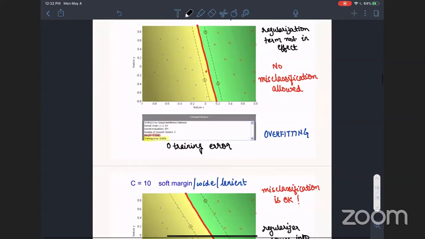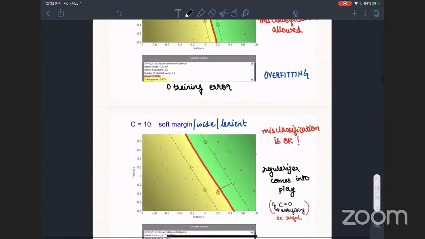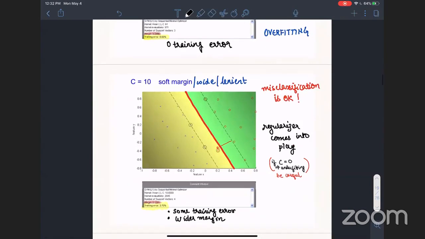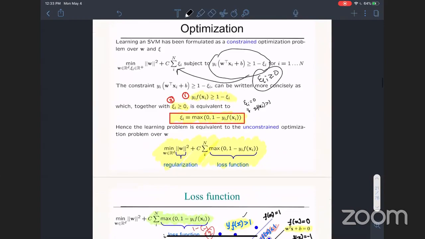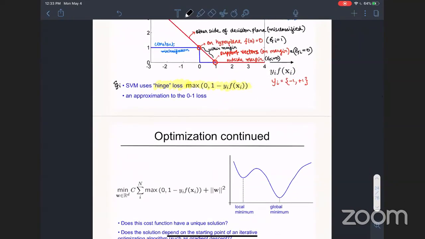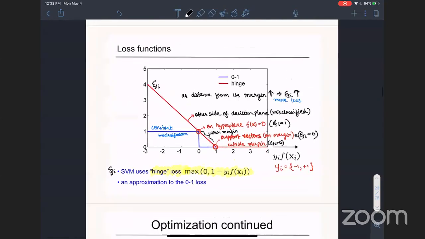They were trying to optimize it so that they have good generalization, and they eventually found out that C equal to 10 might be a good generalized model. So C is there. When we go to kernelized SVM, we will have C and some kernel hyperparameter as well, like gamma.